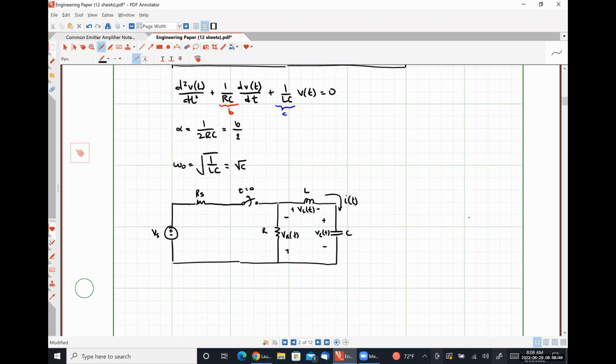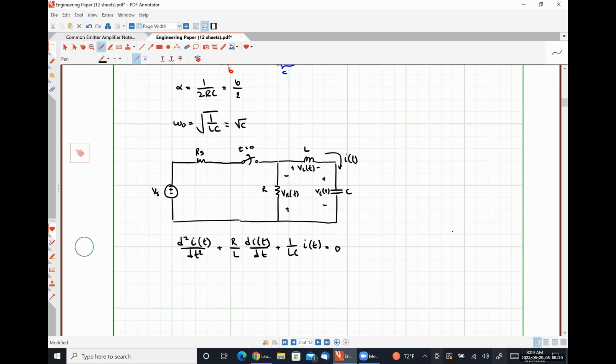And what we found is that this particular circuit had a characteristic polynomial. The second derivative of our current I of t with respect to time plus R over L times the first derivative of our current with respect to time plus 1 over LC times the 0th derivative of our current with respect to time was equal to 0.